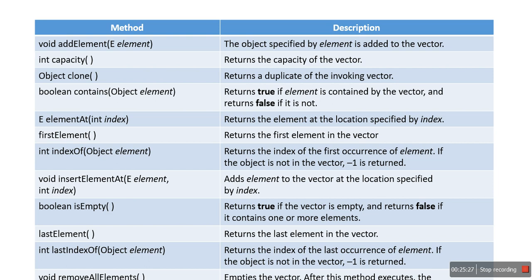For example, if you want to insert an element at the fifth index, you mention the element object value and the index. If you want to store it at the fifth place, you just mention the index as 5 and the element value. In the description: adds the element to the vector at the location specified by the index.